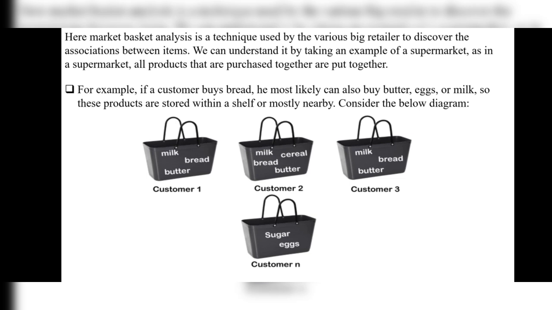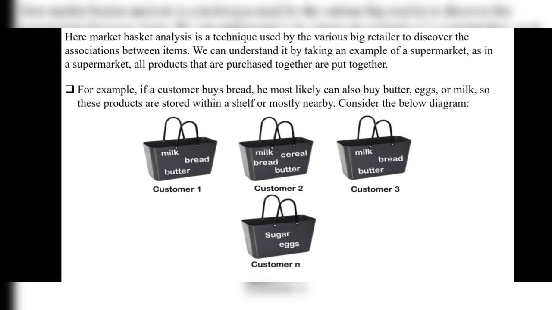So how does this happen? We can understand it by taking the example of a supermarket. In a supermarket, products that are purchased together are put together. For example, if a customer buys bread, he most likely also buys butter, eggs or milk.